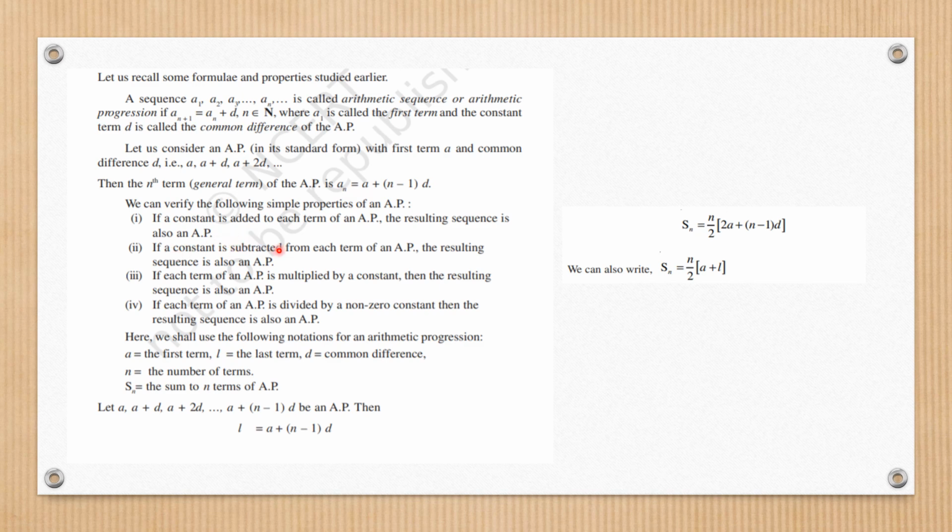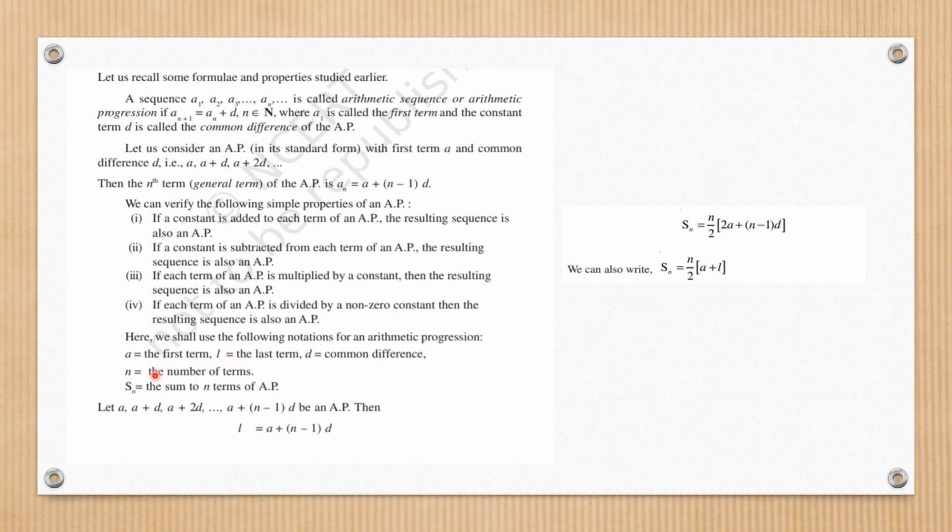And similarly, if a constant is subtracted from each term of AP, then the resulting sequence is also AP. Okay, same thing, if each term of AP is multiplied by a constant, then the resulting sequence is also AP. And also if each term of AP is divided by a non-zero constant, remember division by non-zero constant only is advised, then the resulting sequence is also an AP.